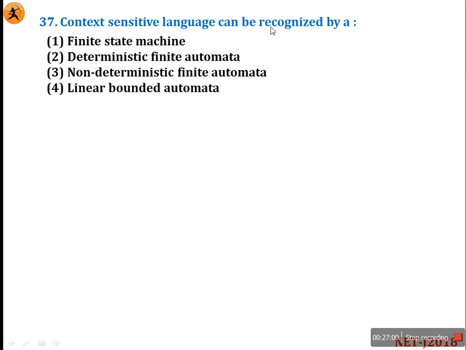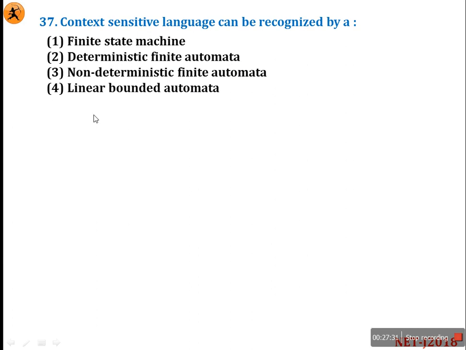Context sensitive language can be recognized by, look at, same only one table. In 2018 June, they asked 4 questions. Here, context sensitive language can be recognized by linear bounded automata, because finite state machine reads only regular language: deterministic finite automata, regular language, non-deterministic finite automata, regular language.